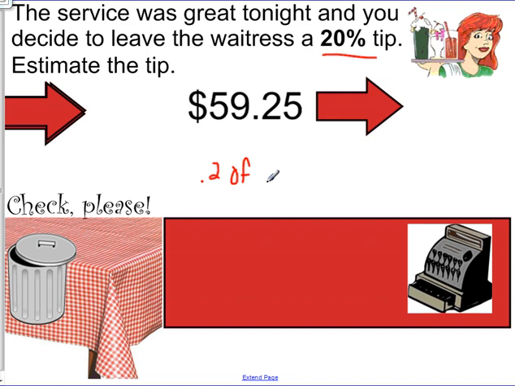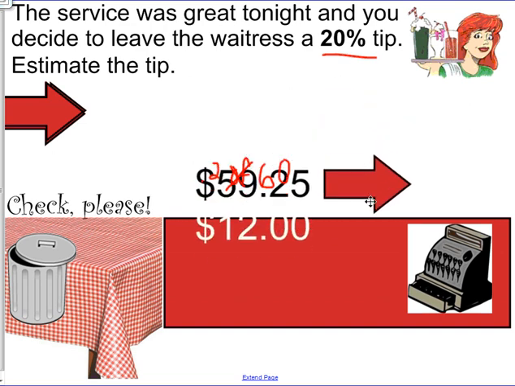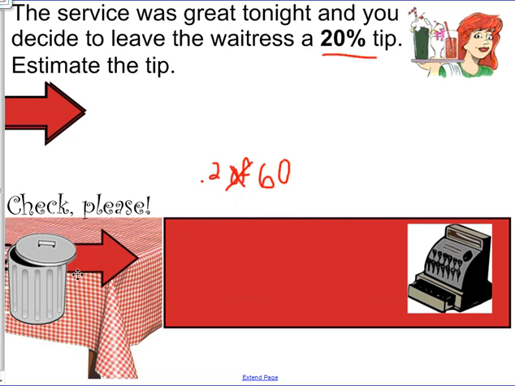So $59.25 is a little odd, so I'm just going to think of 60. In this case, my "of" can become a giant multiplication sign, and I can do 0.2 times 60, and my tip should be $12.